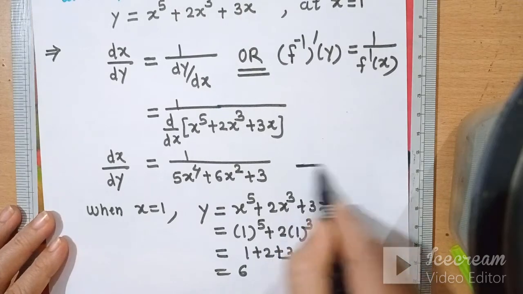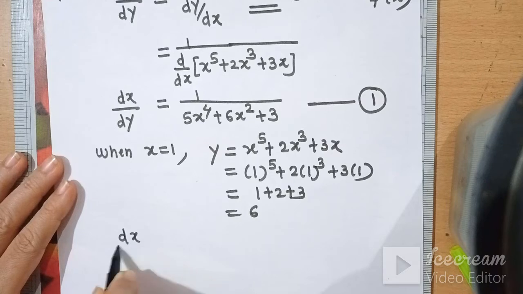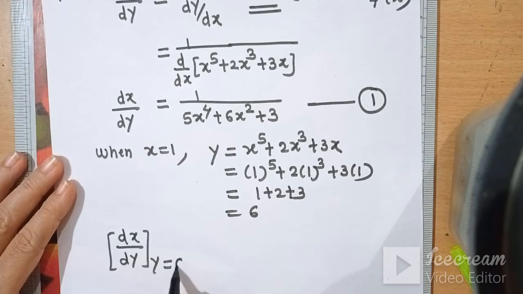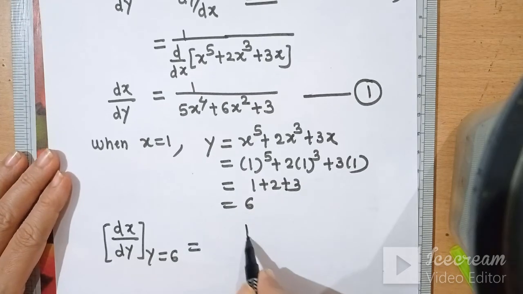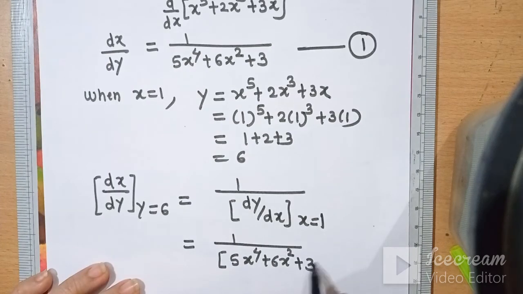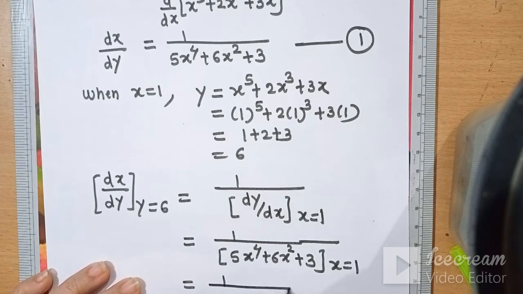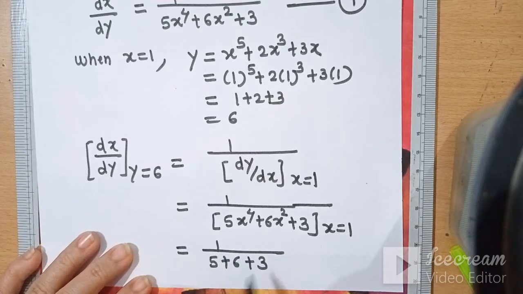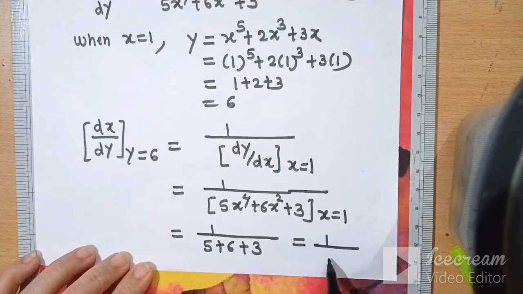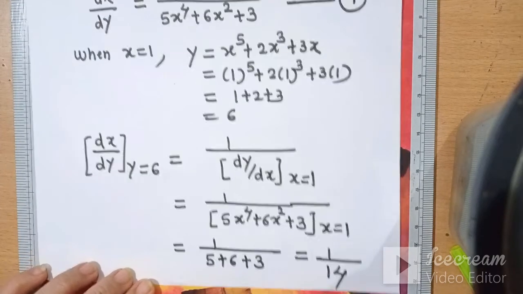That means, say this is 1, we will use 1. So dx by dy, this is a function of x, so at y is equal to 6 it is equal to, now substitute from 1, so 1 upon the expression at x is equal to 1. Now substitute 1, so here we have 5 plus 6 plus 3, and 6 plus 5 is 11 plus 3 is 14. So the answer is 1 by 14.